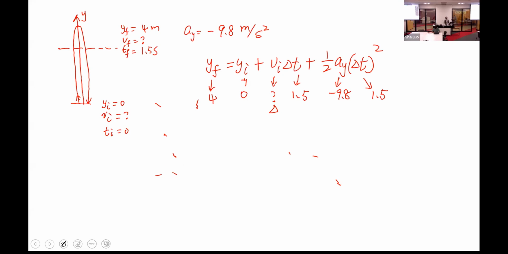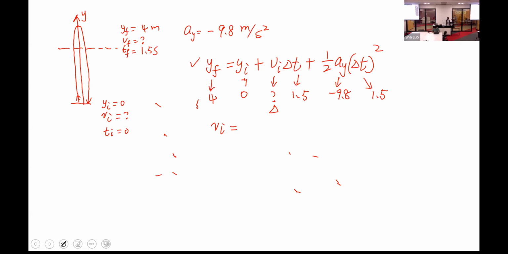Okay, later on when you solve to find the unknown, one unknown needs one equation. If you have n unknowns, you need n equations. So the only unknown is the initial velocity vi, and the equation is here.